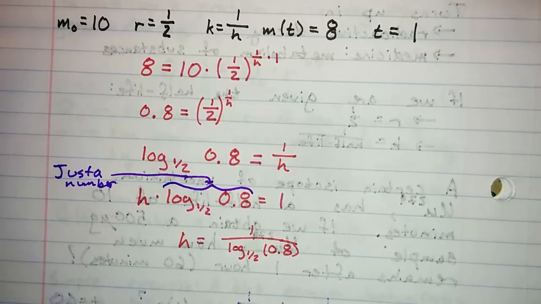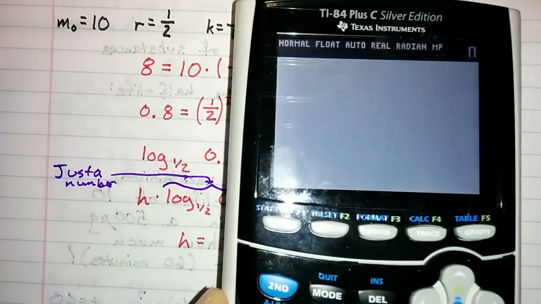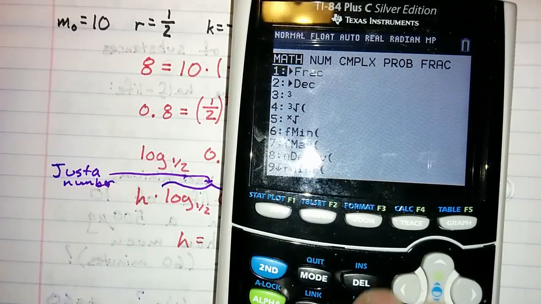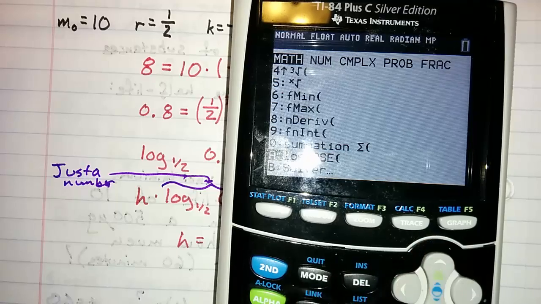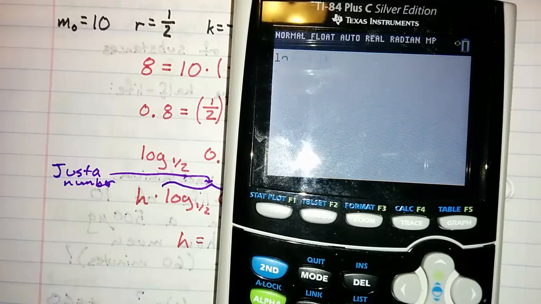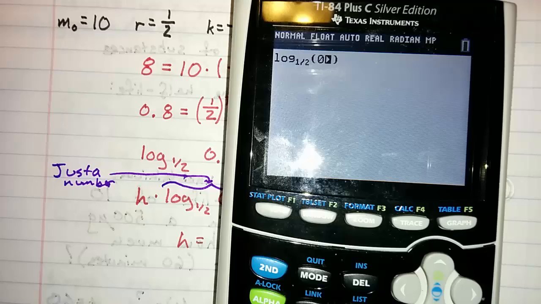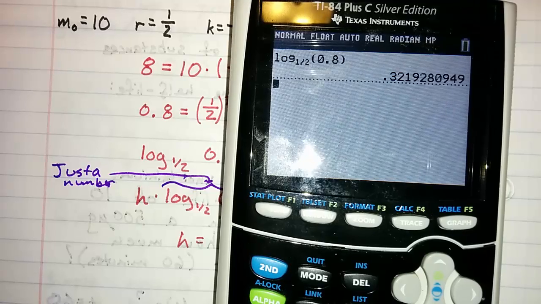So we're going to go to our calculator now, and we'll find the log base a half of 0.8. Or if we don't have that function on our calculator, that'll be the log of 0.8 divided by the log of a half.